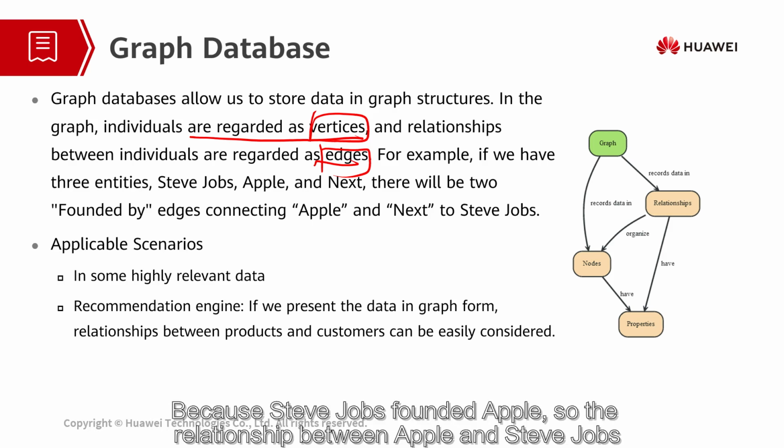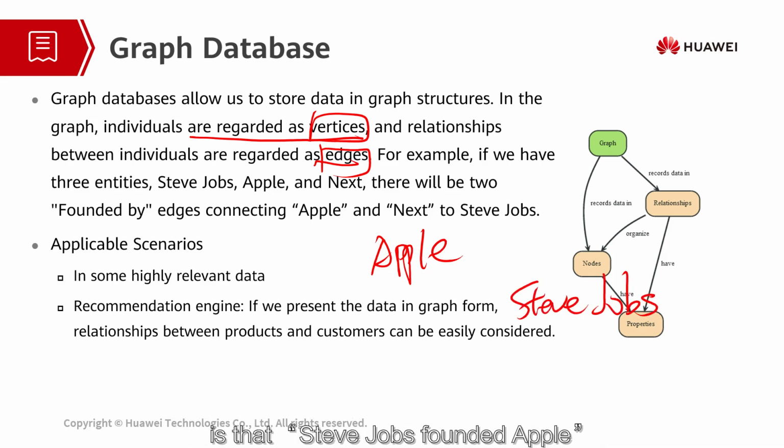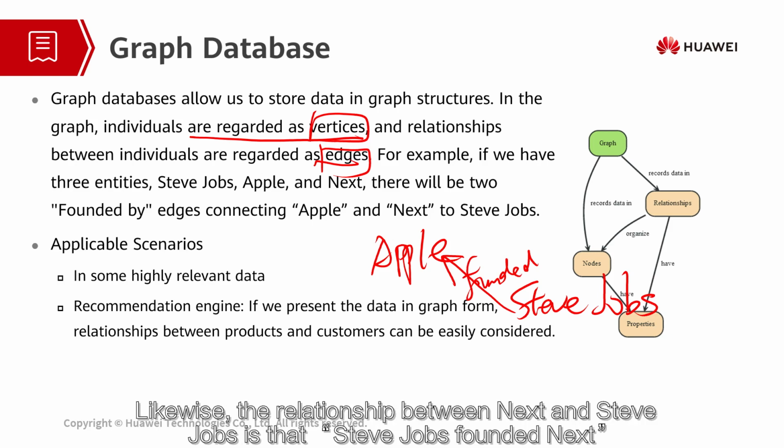Because Steve Jobs founded Apple, the relationship between Apple and Steve Jobs is that Steve Jobs founded Apple. Likewise, the relationship between Next and Steve Jobs is that Steve Jobs founded Next.